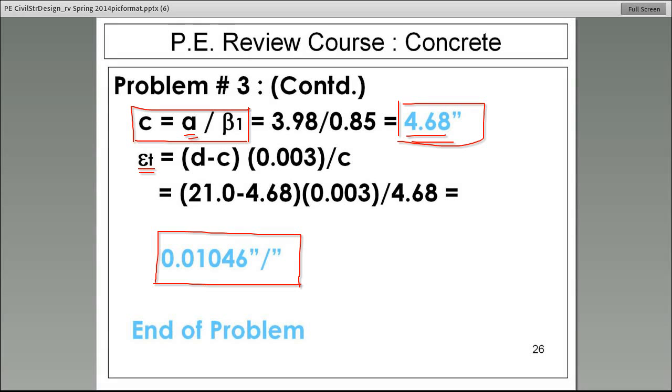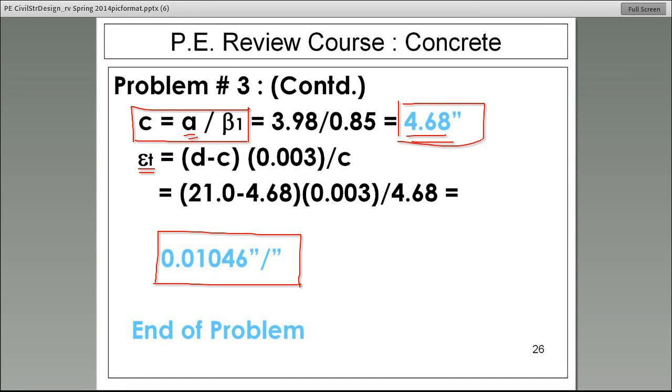And Ryan also offered the answer in a very simple way. So I want everybody to pay attention. When we design a reinforced concrete section, we want to force the section, dimension it such that steel will fail first.